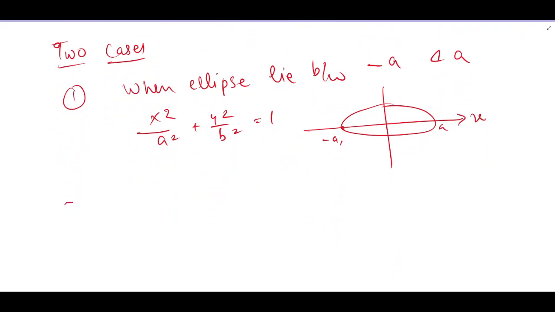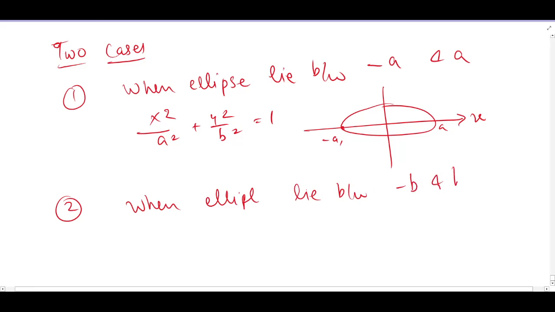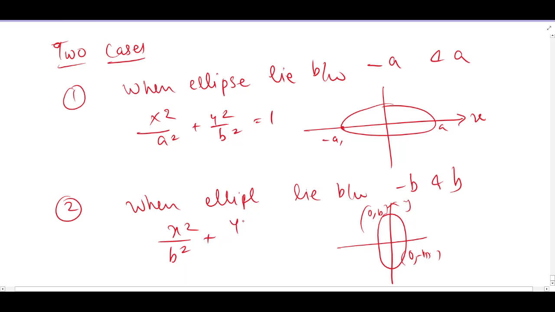And second is when the ellipse lies between minus b and b, so the major axis will be along the y-axis and the coordinates are 0 comma b, 0 comma minus b. So the equation of the ellipse will be x square by b square plus y square by a square is equal to 1.